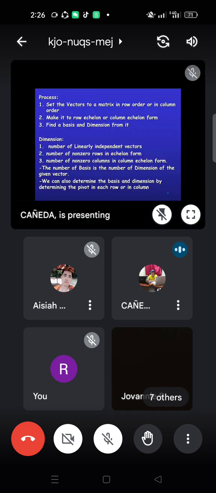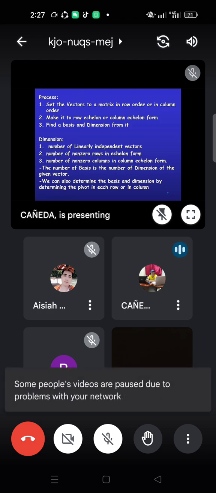The number of vectors is also the dimension of the given vectors. It also determines the number of linearly independent vectors, the number of non-zero rows in echelon form, and the number of non-zero columns in column echelon form, and the number of bases is the dimension of the given vector.